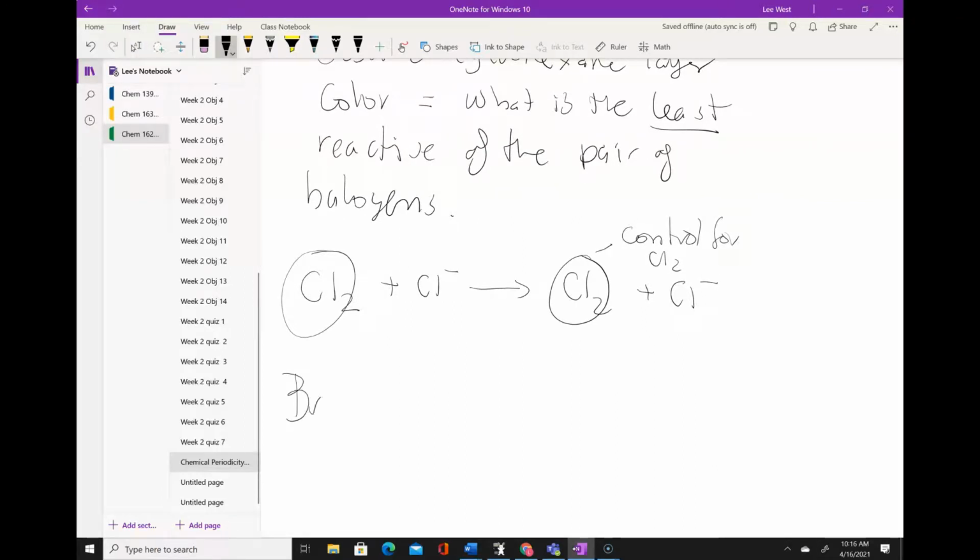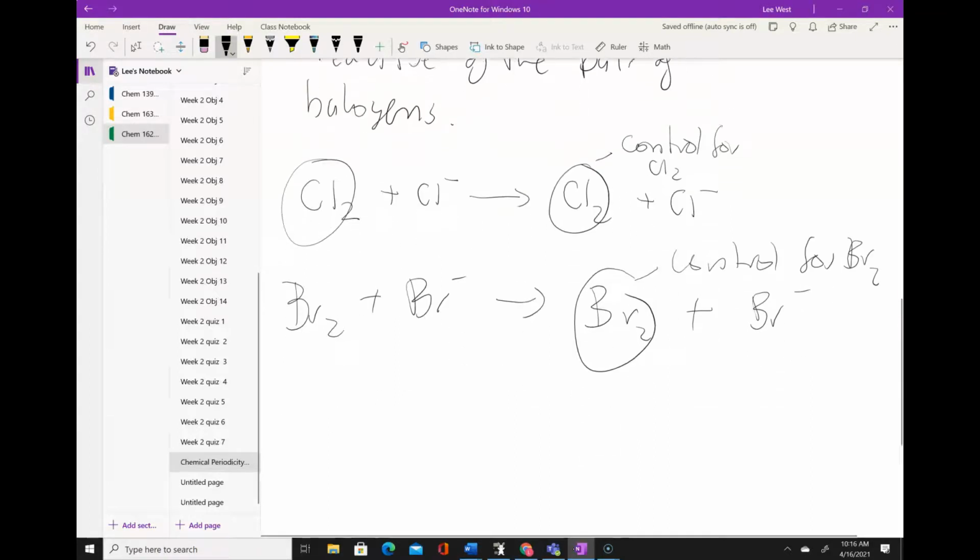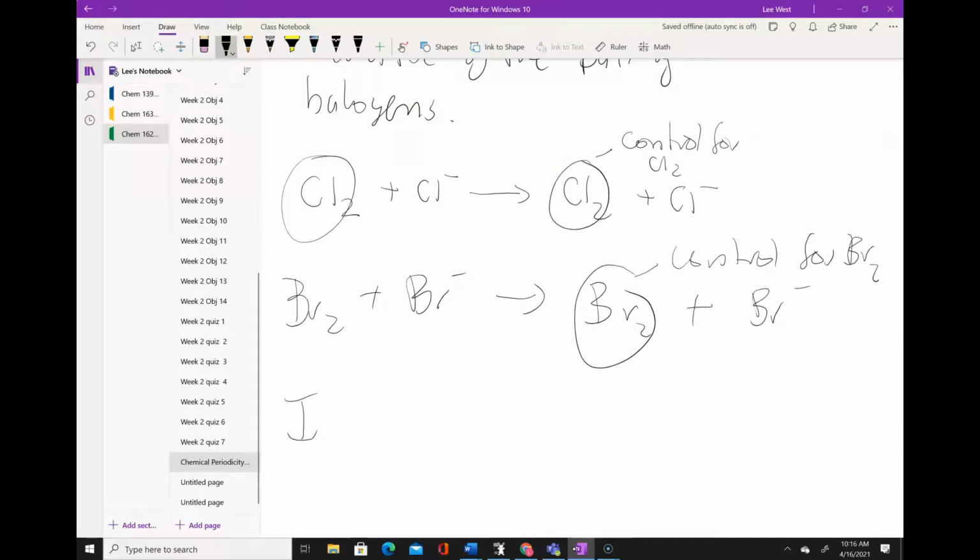And we do the same for bromine. Obviously it's not going to do anything, but it's going to give us our control for Br2. And then we do the same for iodine.